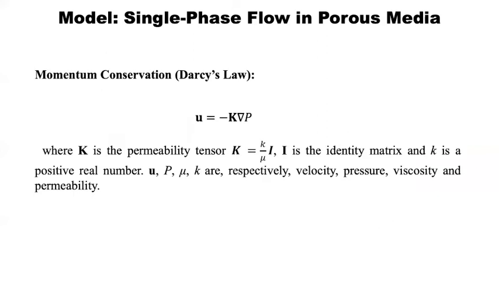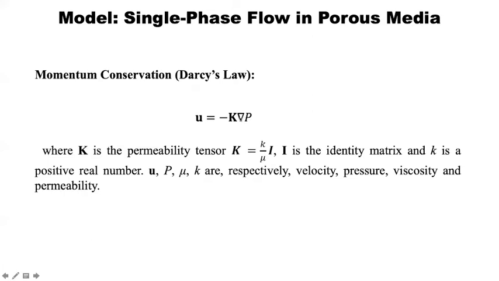If you remember Darcy's law, or the momentum conservation equation, we wrote it like this. We have a velocity. Velocity is a vector. Vector means it has a component in each Cartesian direction: ux, uy, uz. I will explain later. And k is the permeability.